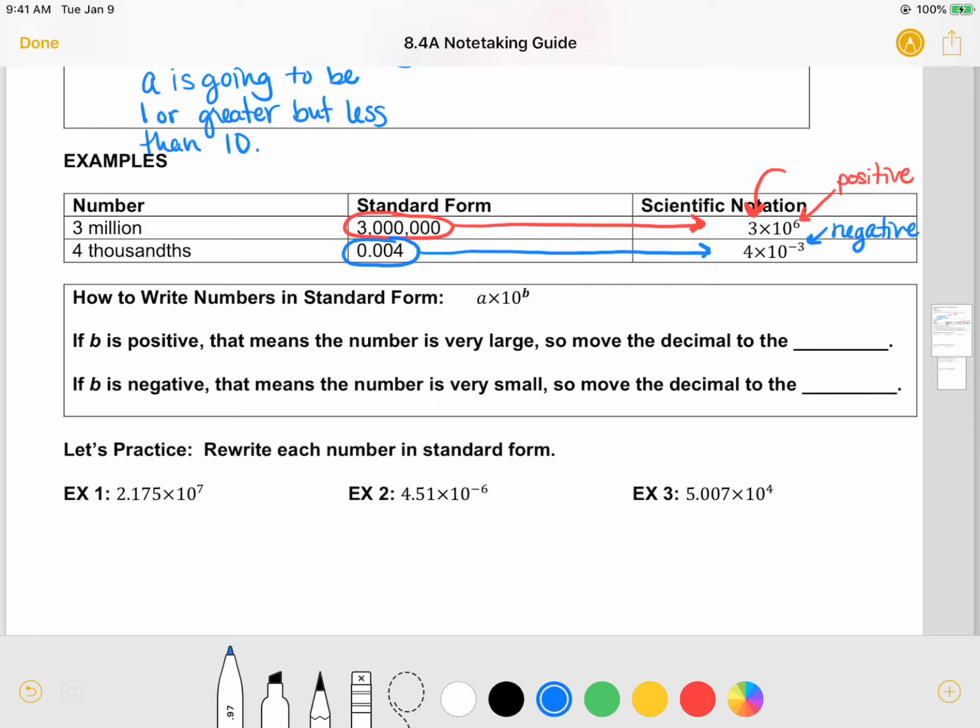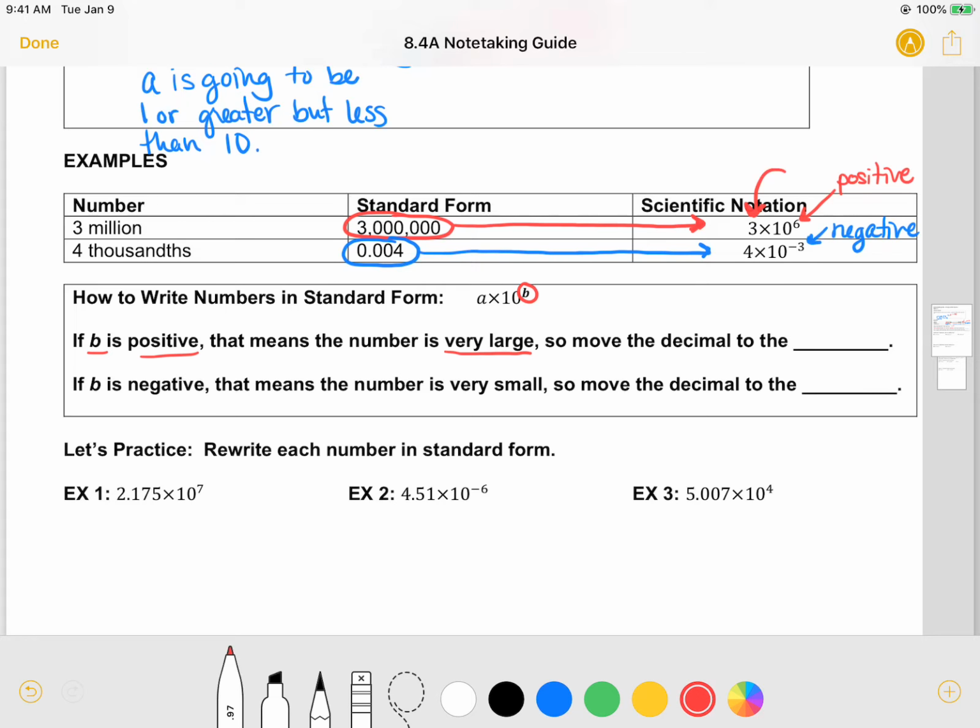So we're going to talk about here now how to take a number in scientific notation and turn it into a number in standard form. So what you need to know is that if B is positive, here's B right there, if that's positive, that means the number is a very large number.